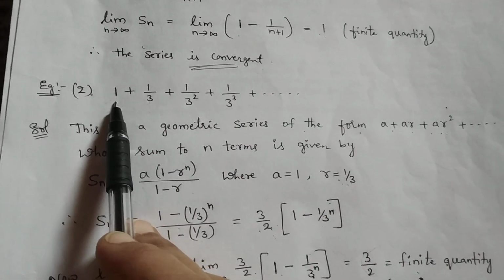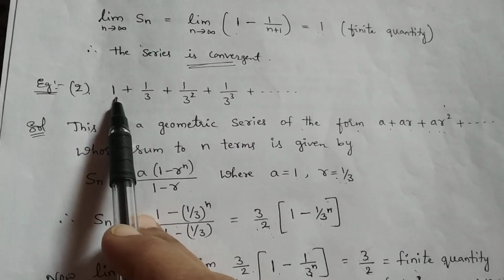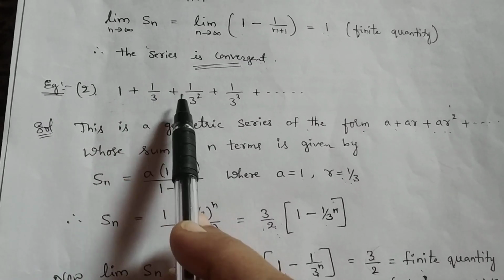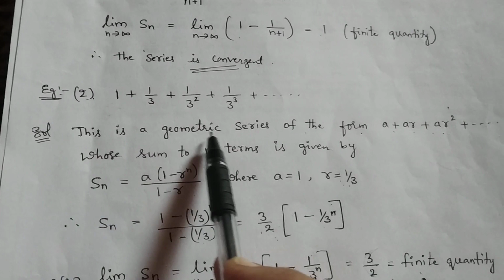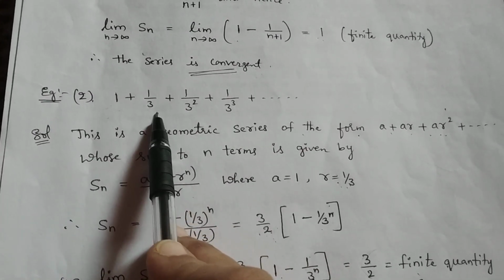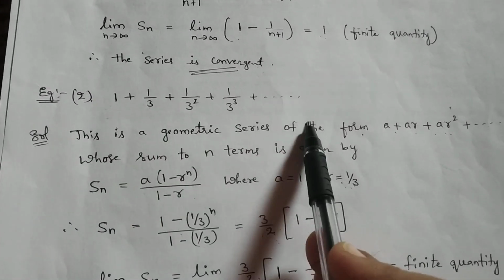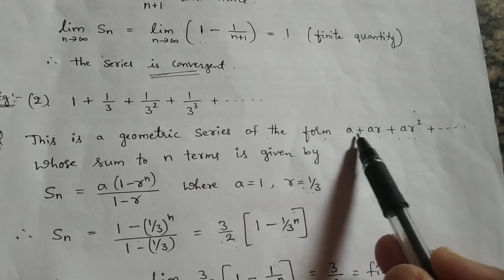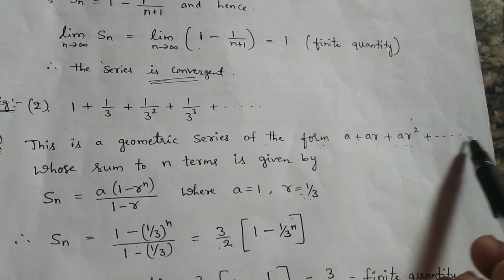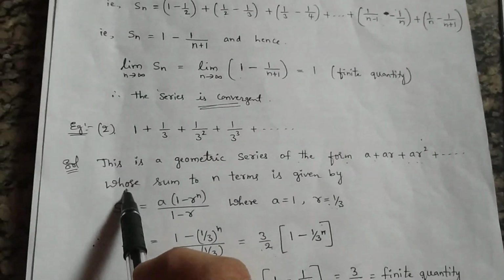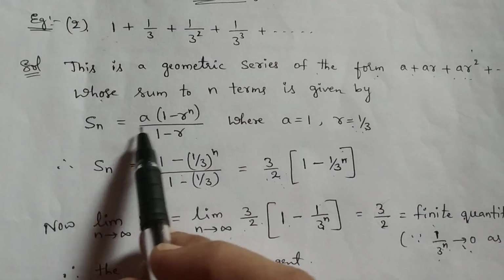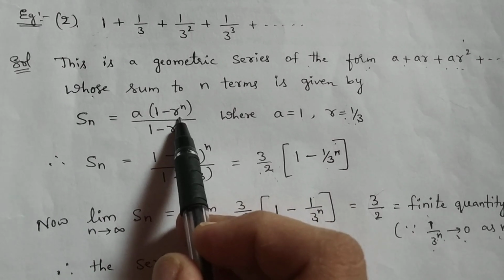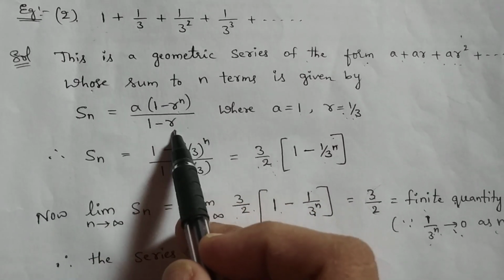Similarly, let us move on to another example. The series of the form 1 plus 1 by 3 plus 1 by 3 square plus 1 by 3 cube and so on. This is a geometric series, and you are already familiar with this type of series. It is of the form a plus ar plus ar square and so on, whose sum up to n terms is given by the formula Sn equal to a into 1 minus r power n divided by 1 minus r.